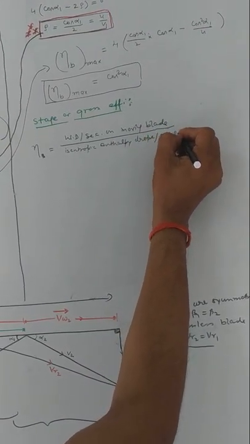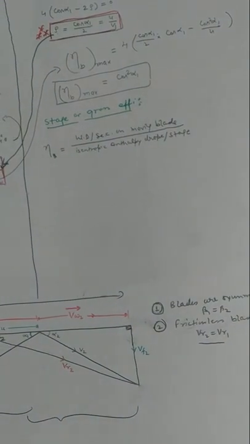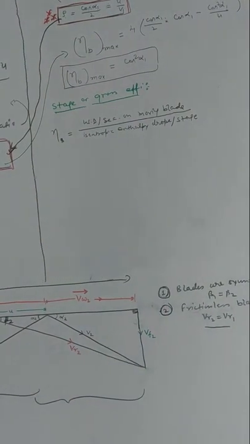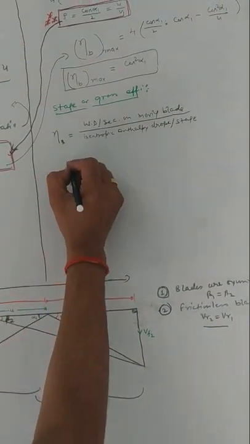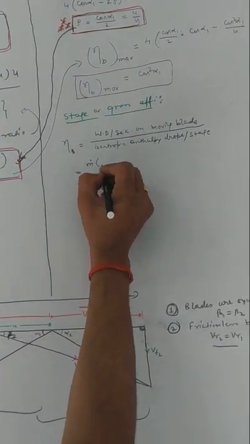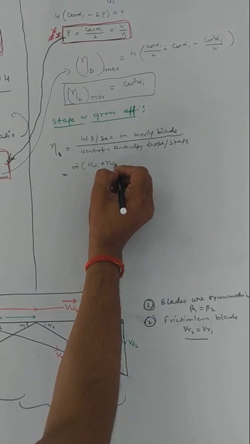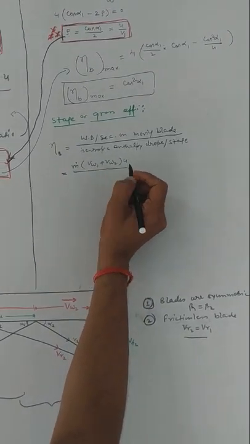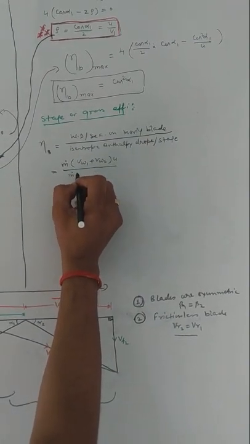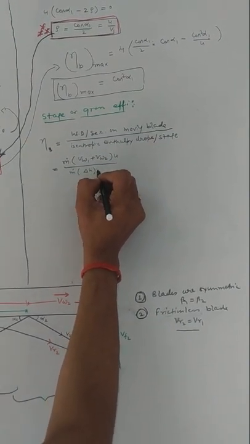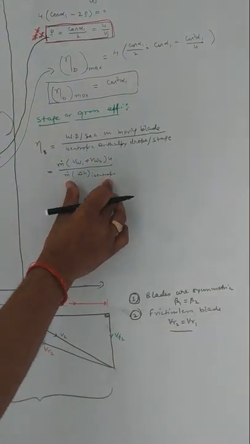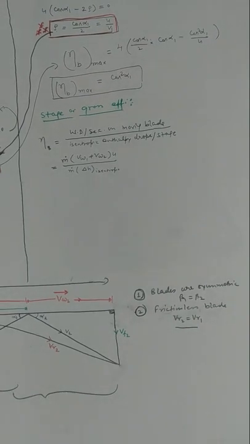You can write this work done per second we have calculated, that is mass flow rate times (VW1 plus VW2) into U, divided by the isentropic enthalpy drop, which is mass flow rate multiplied by delta H isentropic. This isentropic enthalpy drop takes place in the nozzle section, we know very well.